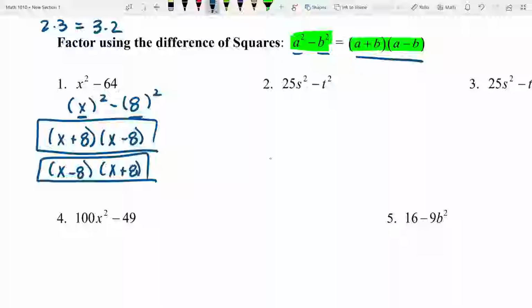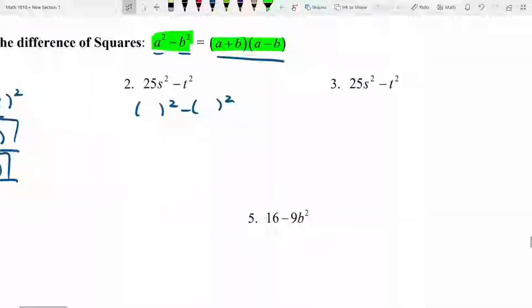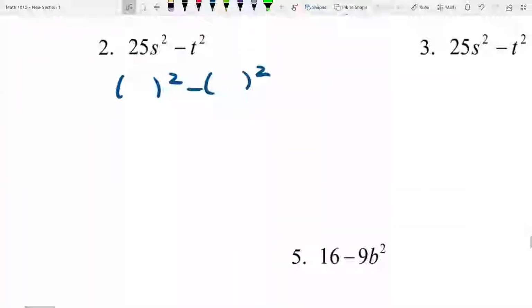Okay, let's do this one right here. Let's write it as something squared minus something squared. Again, this line that I'm writing, I'm not going to require that you do it. I'm just doing it for a couple of problems. What to the second gives you 25? That'd be a 5, but there's got to be more than a 5, because I'm also trying to get an s squared. So what do I put here? S is correct. Good.